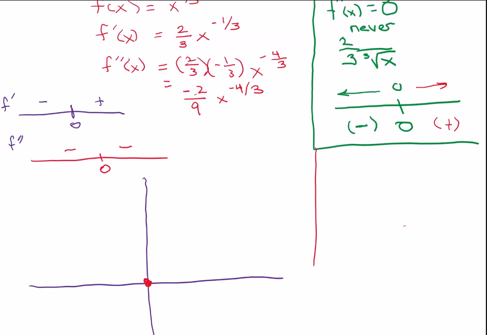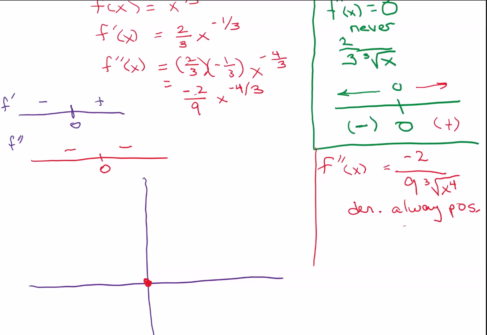Now, if we talk about the second derivative, that equals negative 2/9 times the cube root of x to the 4th. Now, x to the 4th is always going to be positive, which makes my denominator always positive.